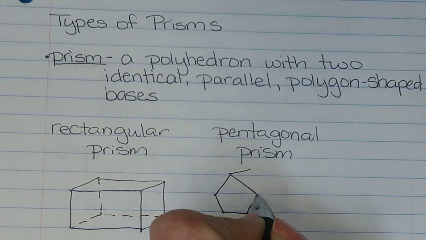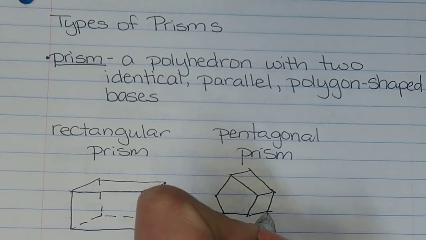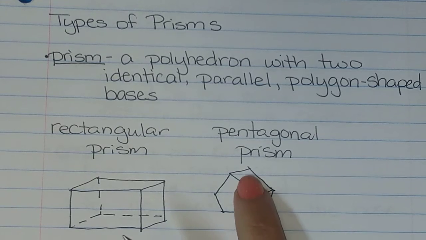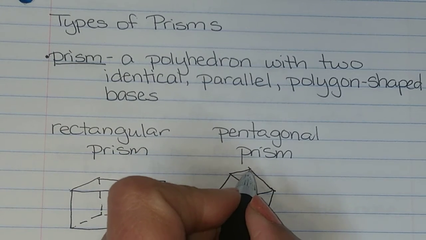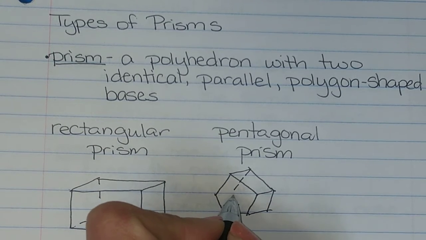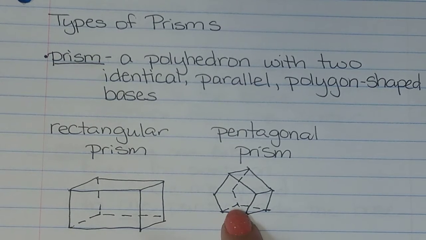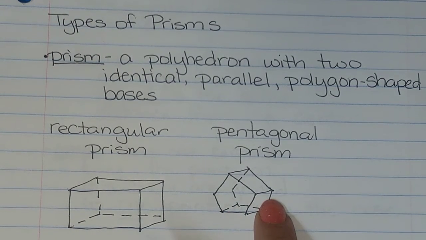Again, I draw my lines to give it a three-dimensional look, drawing my edges, creating new surfaces. This gives me a pentagon in the front and a pentagon in the back.